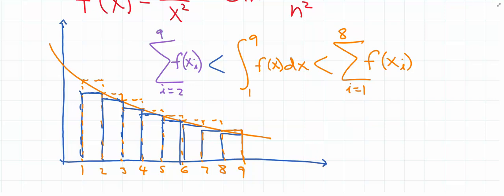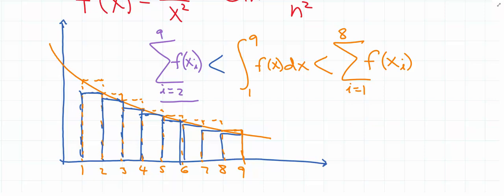Now I want to change this a little bit. If I wanted to write that as a partial sum, it wouldn't be the nth partial sum, would it? Think about the nth partial sum. The fifth partial sum would be f of 1 plus f of 2 plus f of 3 plus f of 4 plus f of 5.